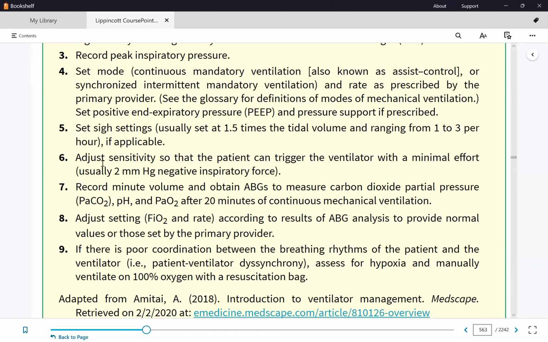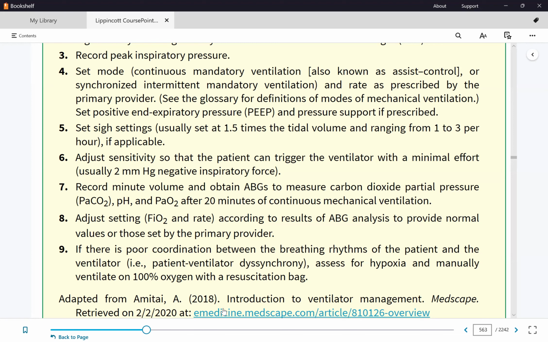So here, in any other mode wherein the patient is allowed to breathe on their own, we have to put a sensitivity trigger. So if the patient breathes, what happens to the pressure when our diaphragm contracts downwards like that? Is it positive or negative? Negative.